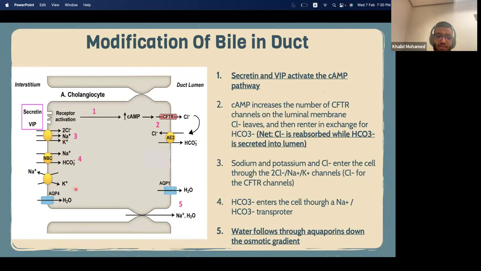The only things happening at the luminal membrane are the CFTR channel, the Cl minus HCO3 antiporter, and the aquaporin. Anything else is in the basolateral membrane. All clear until now? Okay.